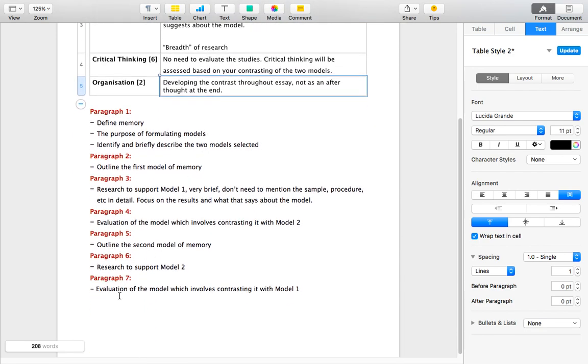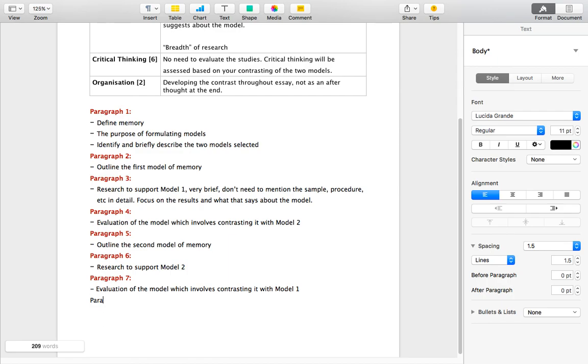If I had to break it down into paragraphs, okay, so there's the first one, which is going to define what memory is and the purpose of formulating models, right? We know that memory is a very complicated process. So by formulating models, we're trying to understand how information is encoded, retrieved, and recalled in our cognitive processes.